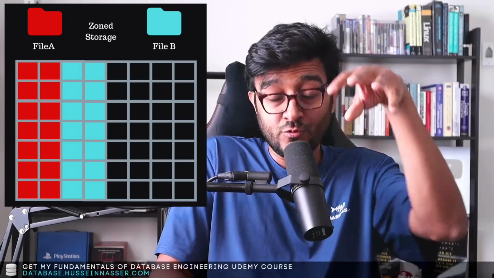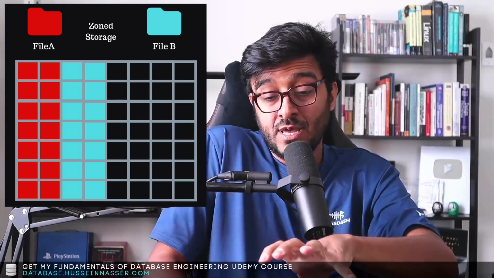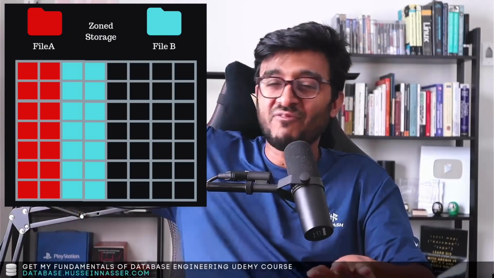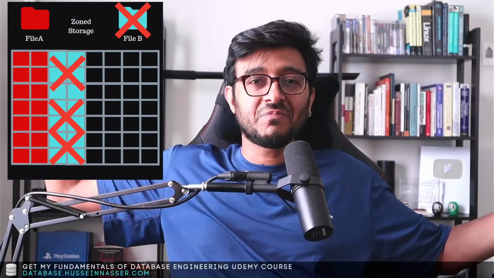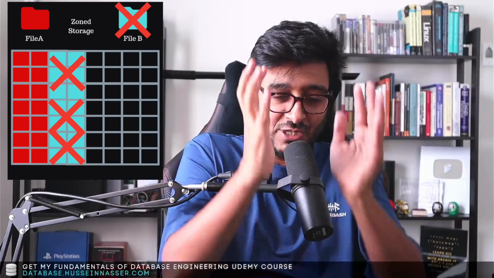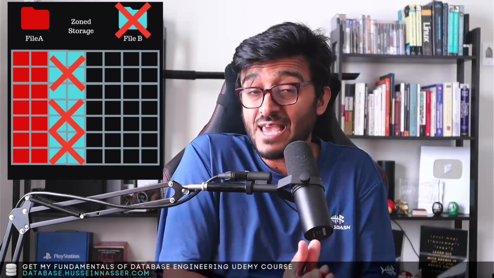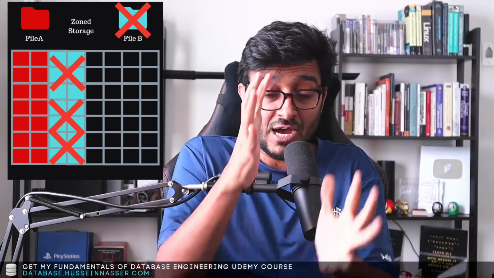So when your file goes to that zone and someone else's file goes to another zone and that file is deleted, you're fine. You are isolated. And the idea of segregation and isolation is actually good in this case. So erasing a zone and writing to a zone, your data is cleanly separated. And this separation is good for write amplification.